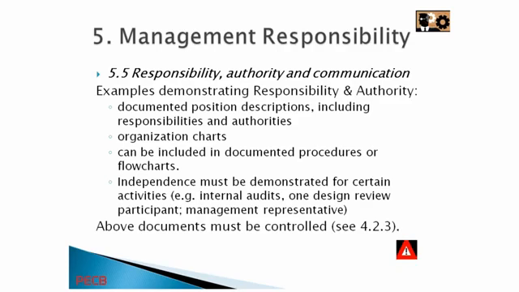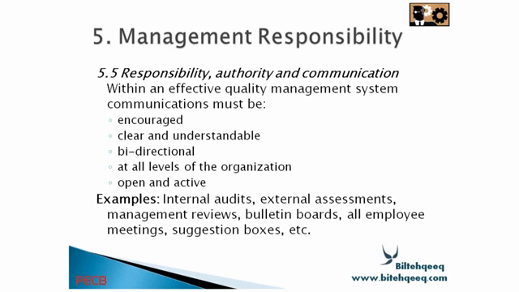And 5.5 also states that within an effective quality management system, communication must be encouraged, clear and understandable, bi-directional at all levels of the organization, open and active. So there is a proper mechanism of communication.